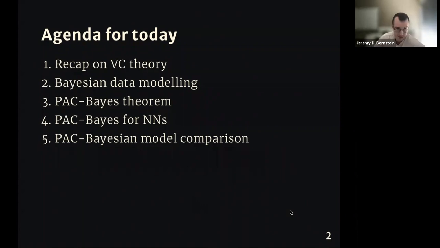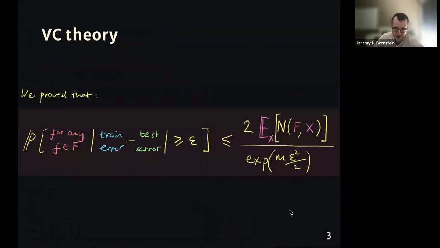Okay, so let's start with the recap on last lecture. We proved this VC generalization bound, and what it says is that the probability that any classifier in our class of classifiers F gets a substantially different train and test error is less than or equal to this quantity, and the denominator depends on the number of data points.